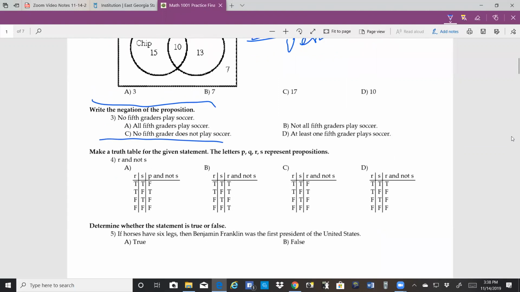We'll be getting into truth tables and looking at the and, and we'll have some that have the or and the not. If you watch the videos for this week and next week, you'll see these terms there. You'll be looking at statements that are either true or false.